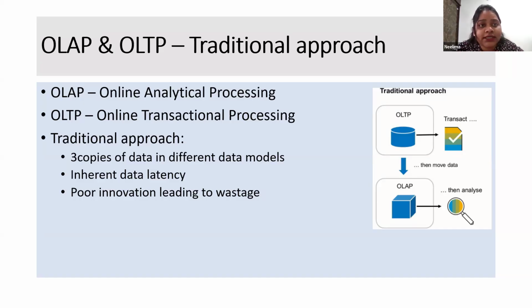So what do OLTP systems deal with? OLTP is used to handle daily business transactions like purchases, sales, inventory, payments, account receivables, everything that the business does. All the transactions will be handled by OLTP. So it focuses on fast and accurate transaction processing.